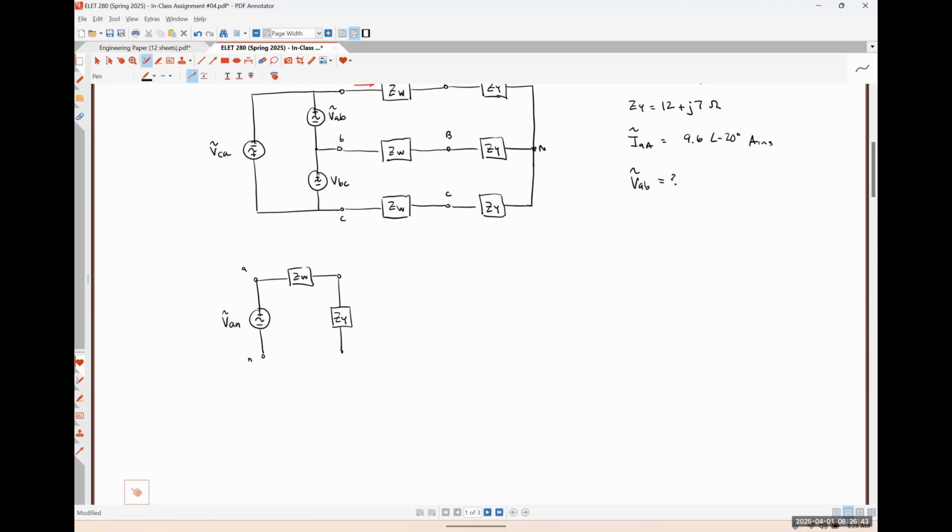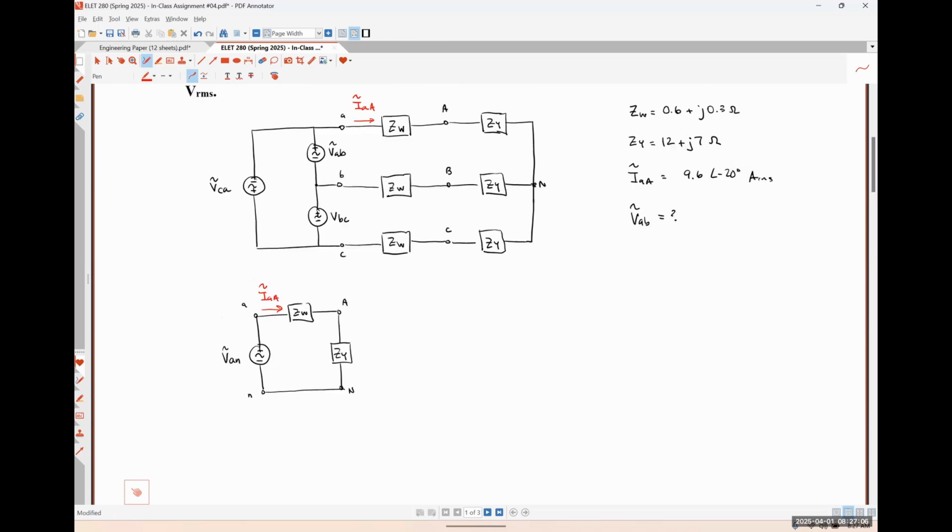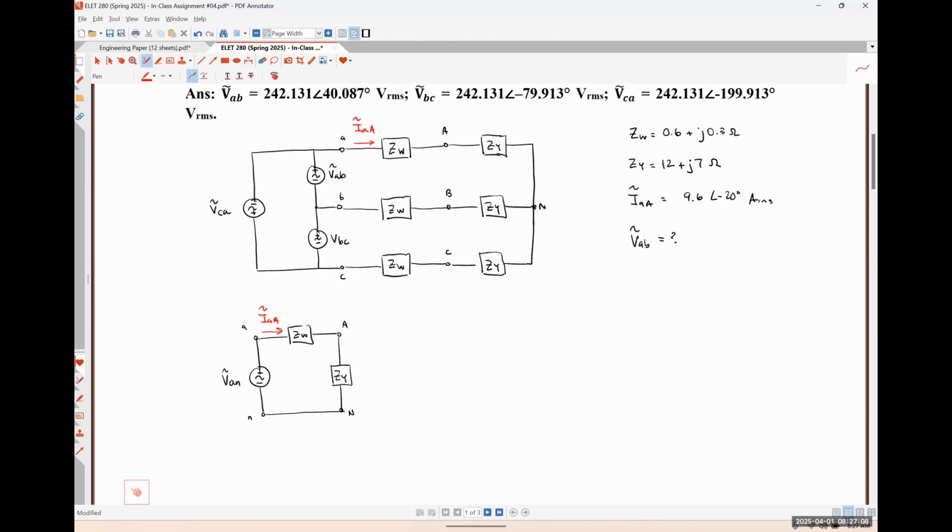Here's our impedance ZY. And I short between my neutral terminals like so. And then here is my line current, IaA. So before I just explicitly show you how to do this, does anybody have any thoughts on what our process might be to solve for that voltage VAB?